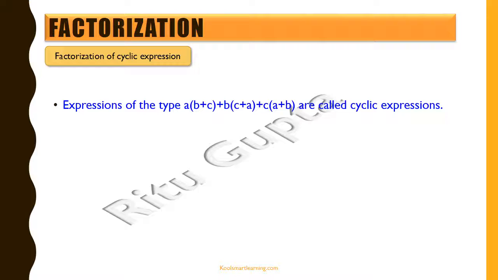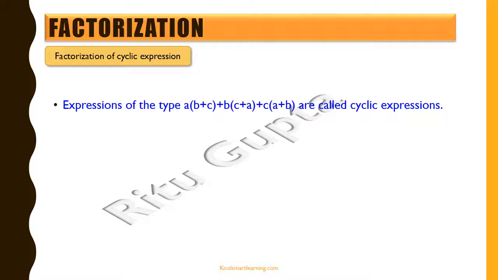So here in the first term, if we replace a with b, b with c and c with a, we get the second term. And similarly, if we replace a with c, b with a and c with b, we get the third term. So this is cyclic in nature.